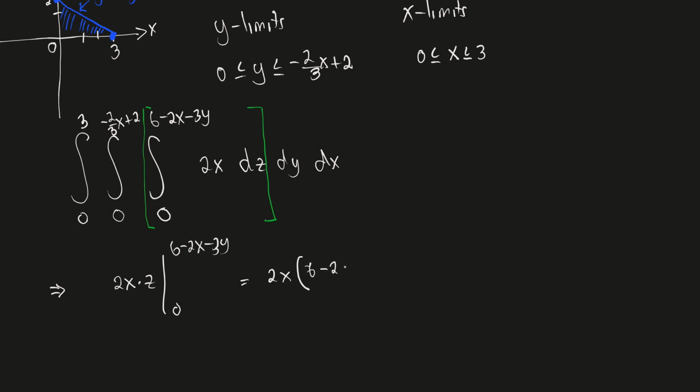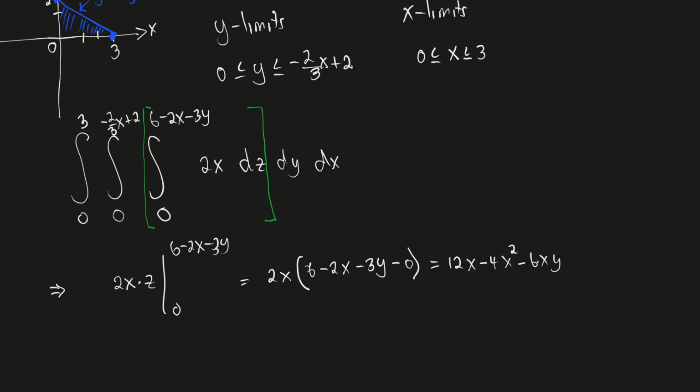6 minus 2x minus 3y minus 0. So this simplifies pretty nicely. If we distribute it, we're going to end up getting 12x minus 4x squared minus 6xy. All right?